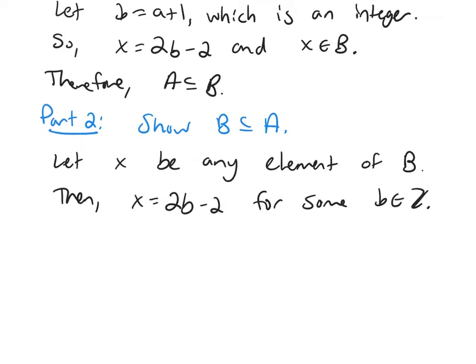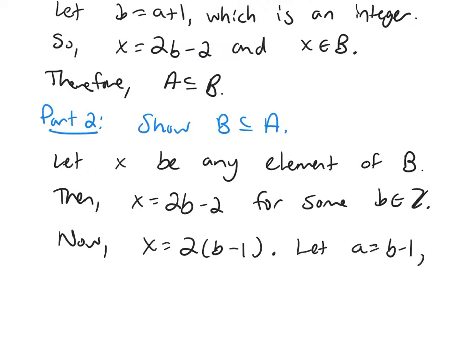And I want to show that this is in A, so I need to write X as 2 times something, and that something will be B minus 1. So I would let A equal B minus 1. Again, that's an integer.